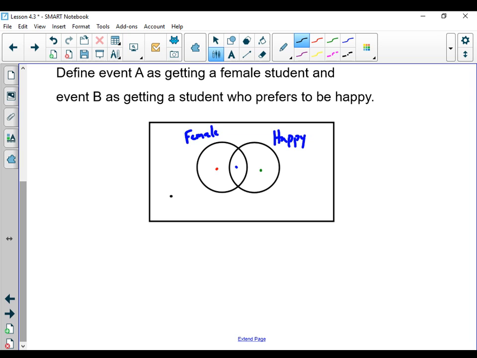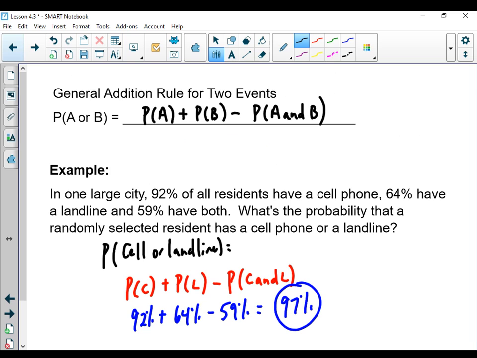Well, I always start with where they overlap. So let's go back to our data and figure out, okay, what about the ones that had both female and happy? So I go back to my data.